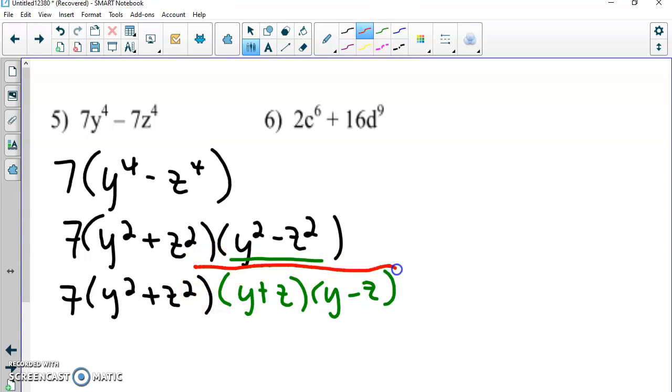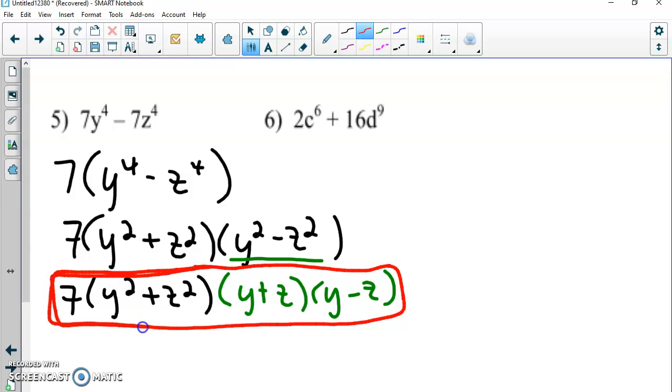You keep going until you cannot factor anymore. Someone last week asked, will everyone always have the same answer? The answer is yes for these ones. The order may just be different. But you have to have all 4 of these factors.